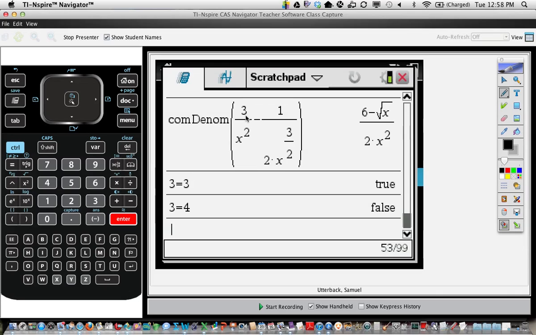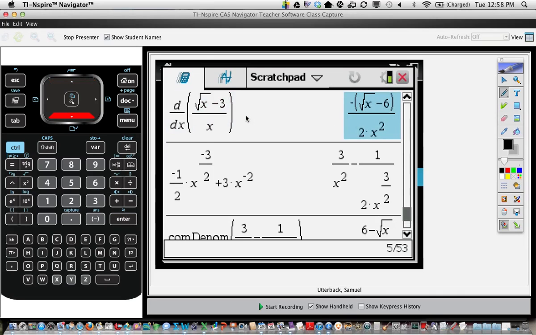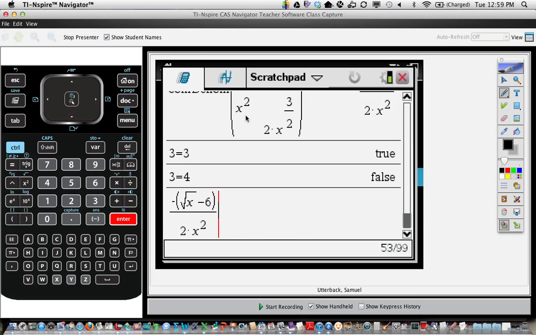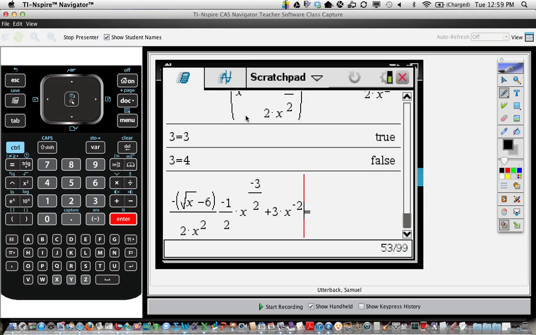Now, arrow back up, up one more. So here's what you could have done. You could have said, all right, here's what they got, and here's what I got. So go ahead and hit enter. We could have grabbed what they got, and then hit equals, and then arrow up and grab what we had, which was that. Hit enter.